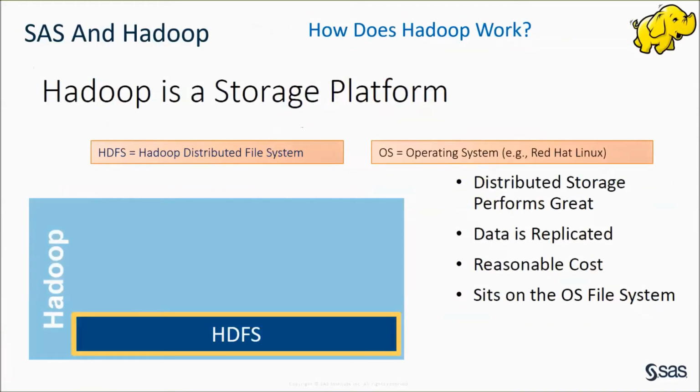Here's how the basic constructs layer into the Hadoop cluster. The lowest level of existence in the Hadoop cluster is the Hadoop Distributed File System, which is basically the underpinnings of the operating system. And typically an operating system in the Hadoop environment will be Red Hat Linux or something like that.